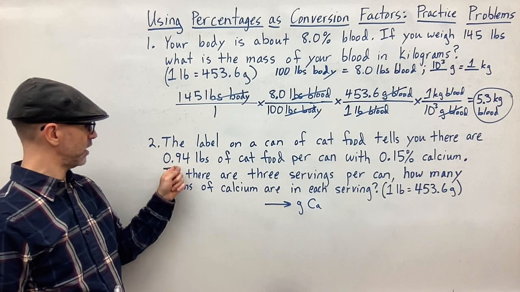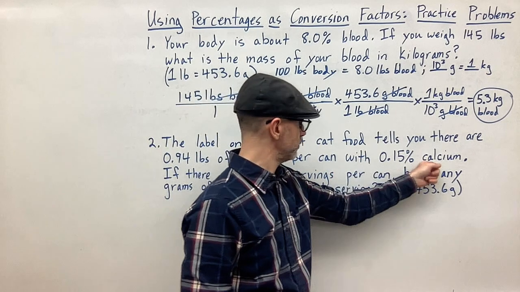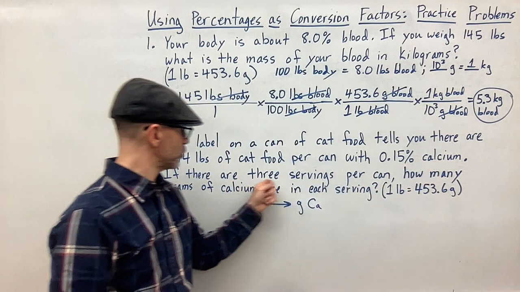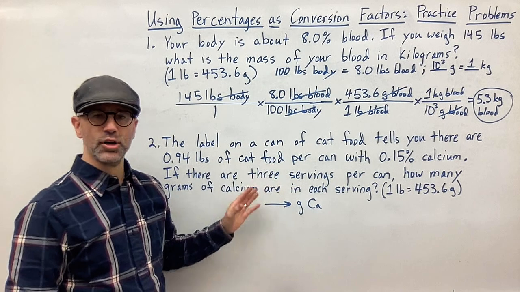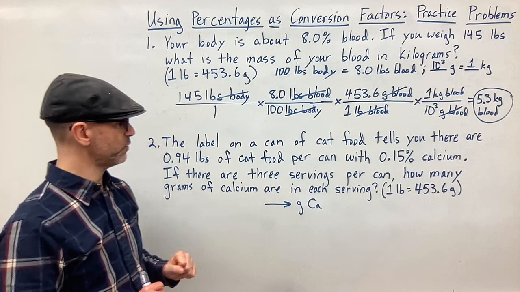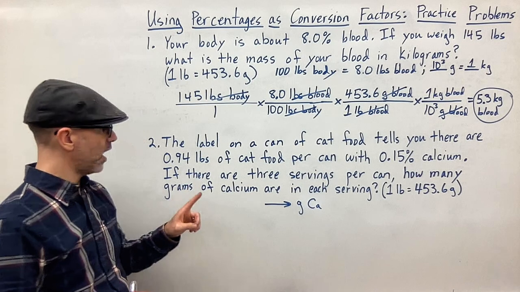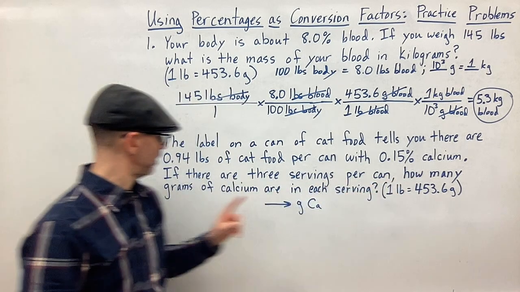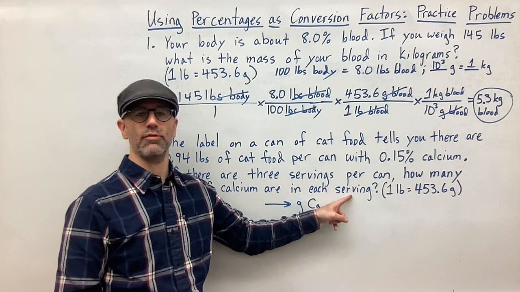Everything that they've given me, pounds per can, this percentage of calcium, servings per can, right? It's all conversion factors. I'm not going to start with a conversion factor. However, notice that they're asking me how many grams of calcium are in each serving.